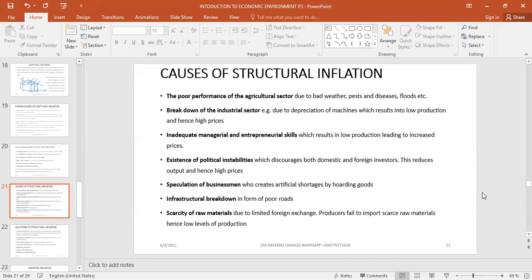As you know, these industrial sectors use machines. Whenever these machines are working, they keep reducing in their useful life.